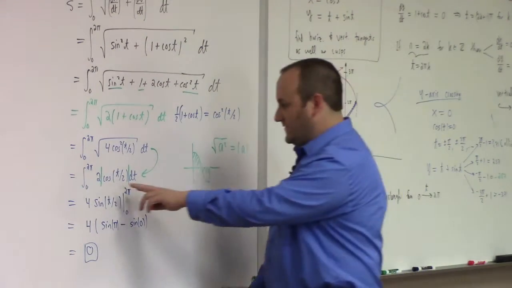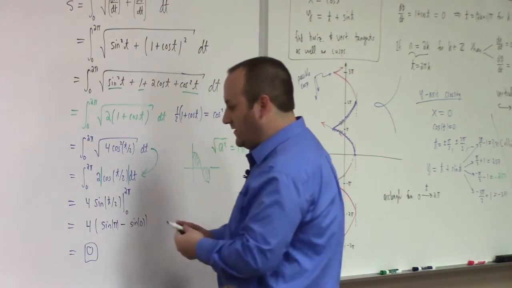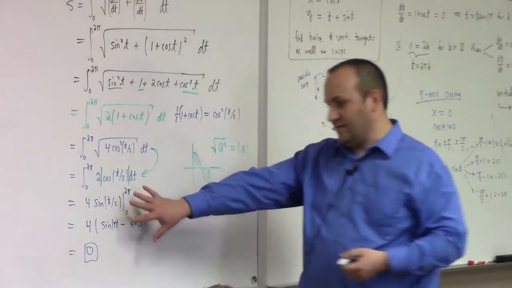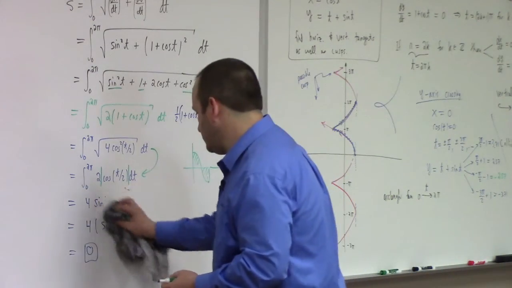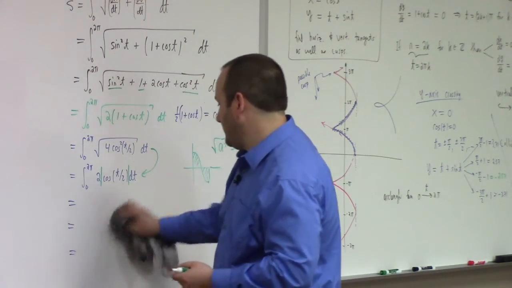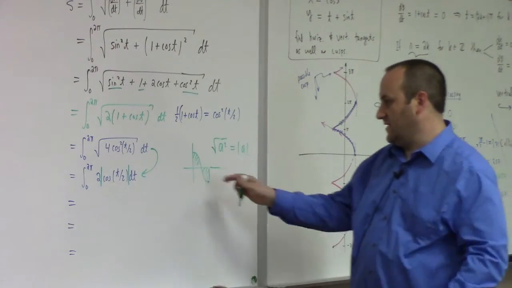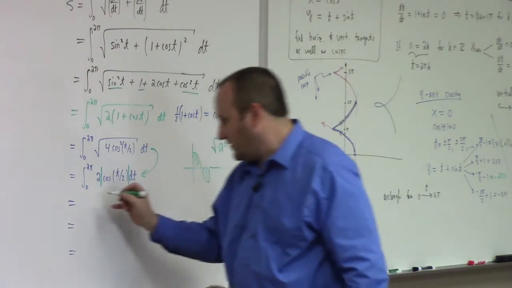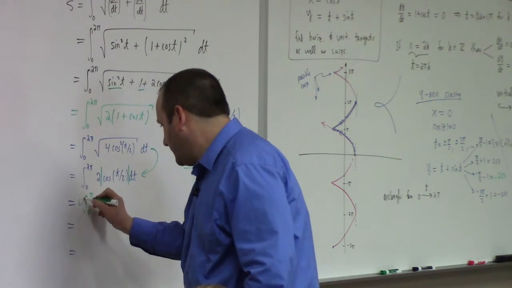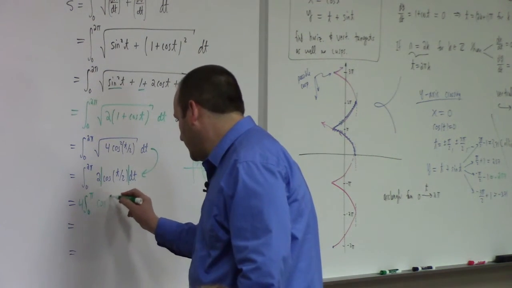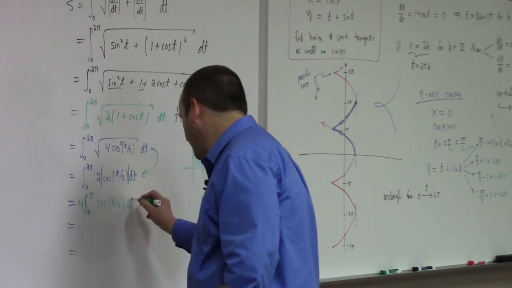Now, once you do this, it's easy by symmetry to do this calculation. Instead of doing what I did, what should I do? How about this? We just double up. So given the shape here, I should just integrate from 0 to pi, right? And 4 times the cosine of t over 2.